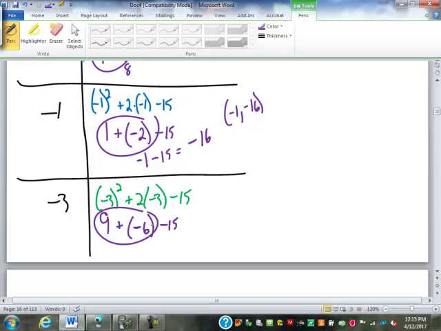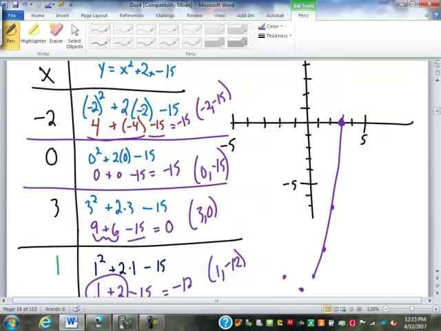Now I've got 9 plus negative 6. Careful. Positive 3, yeah, good. Positive 9, negative 6 is going to stay on the positive side. So then 3 minus 15 is negative 12. So the ordered pair negative 3, negative 12. So there's negative 3, negative 12 somewhere down in here.